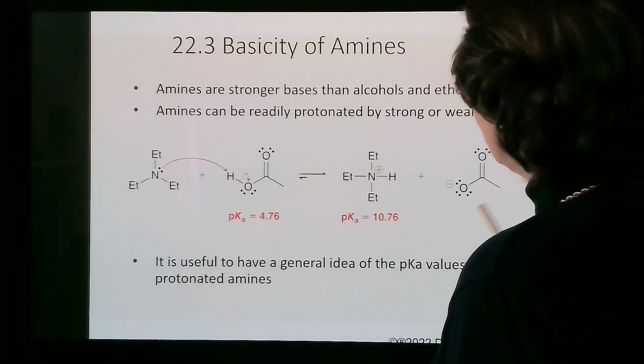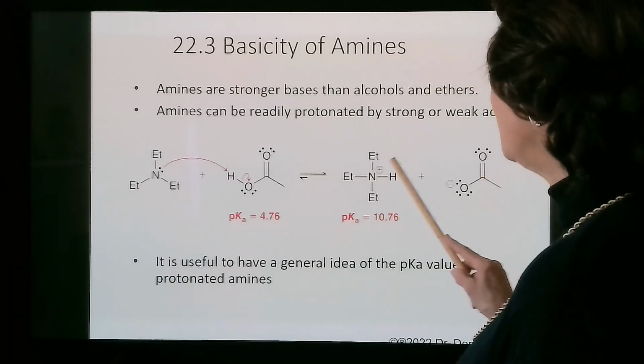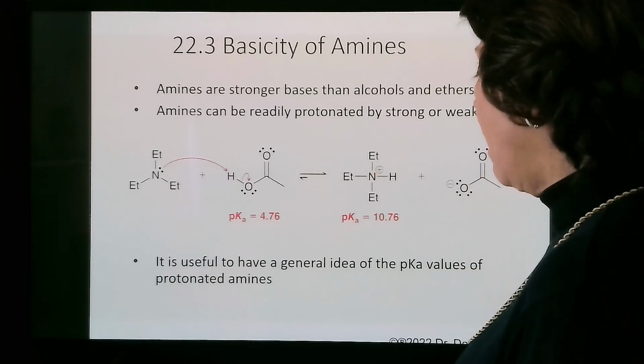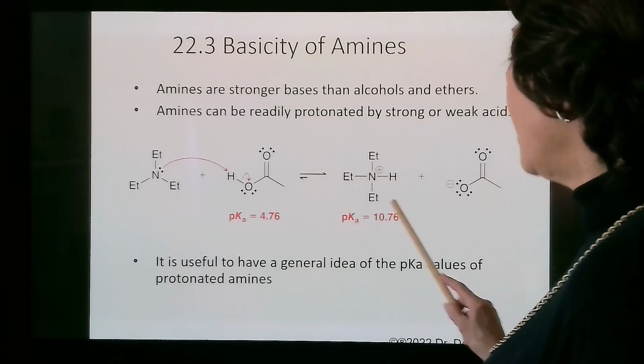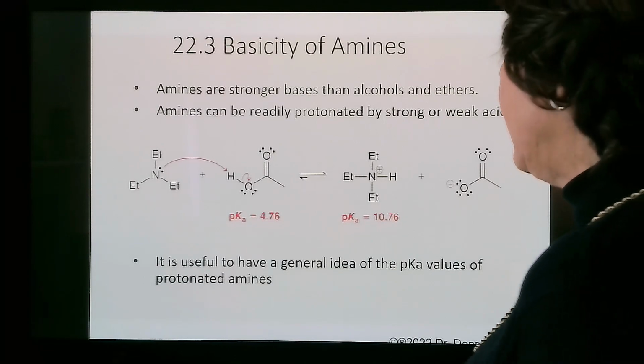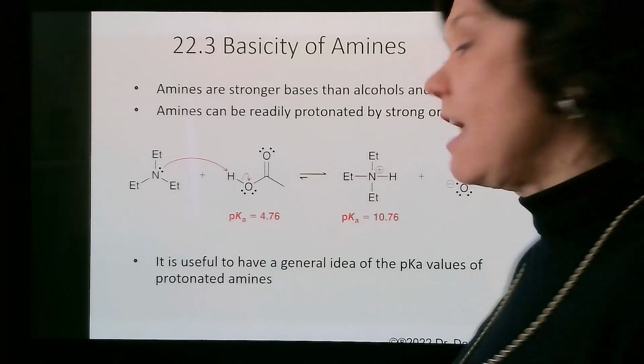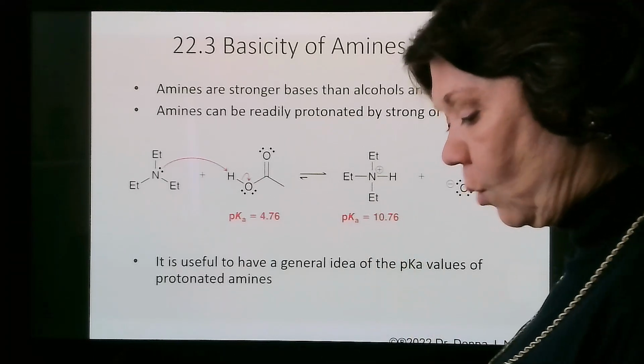This is the more stable situation, where you have the carboxylate and the ammonium ion. It's a good idea to remember that the pKa's of the protonated amines are generally 10 to 11, as is this one.